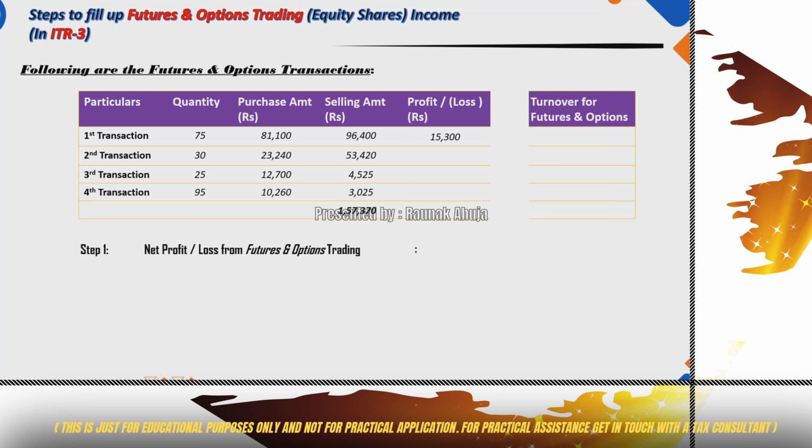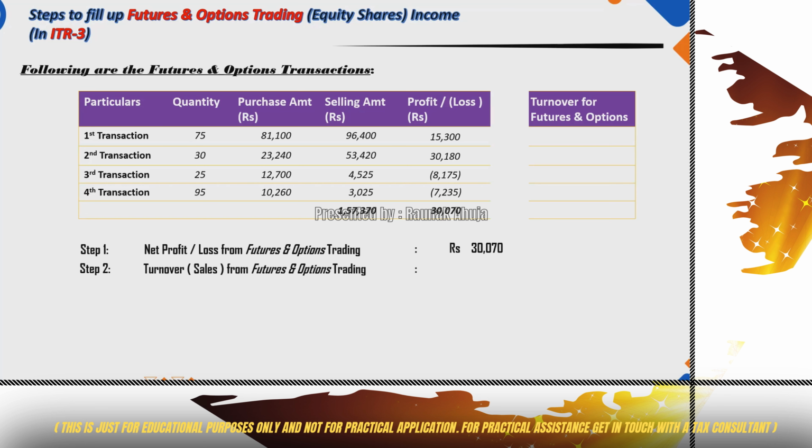Likewise, we calculate the profit or loss from each of the remaining 3 transactions. And the total profit or loss that has been made or incurred by the taxpayer is rupees 30,070. So the first step has been calculated. Now what is the second step?